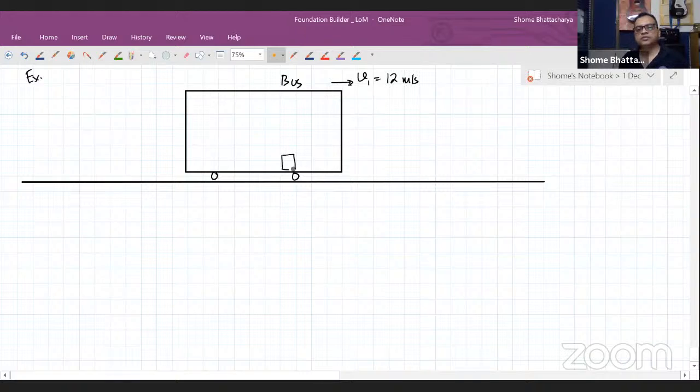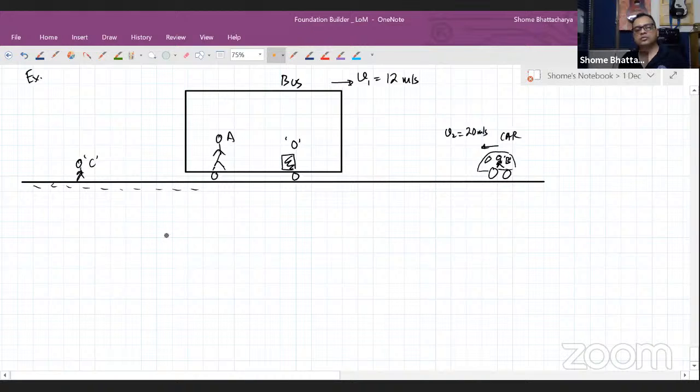Inside that bus, we have a fixed object O, and a person A standing inside the bus, also fixed to the bus. Then on the opposite side, we have a car coming from this side at a speed of 20 meters per second, and the person B inside the car. And we have a person C stationary on the road.